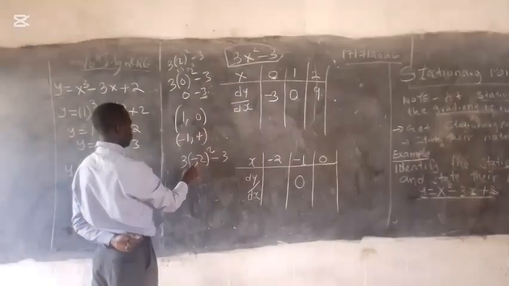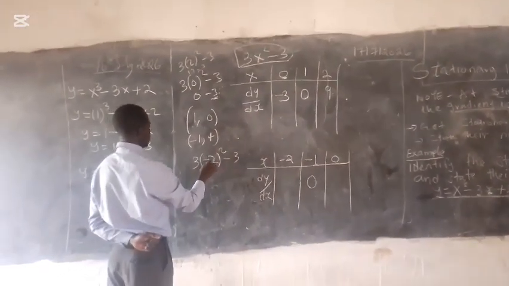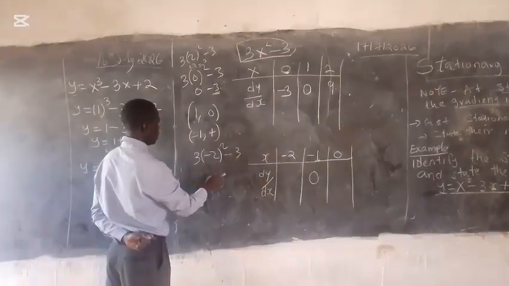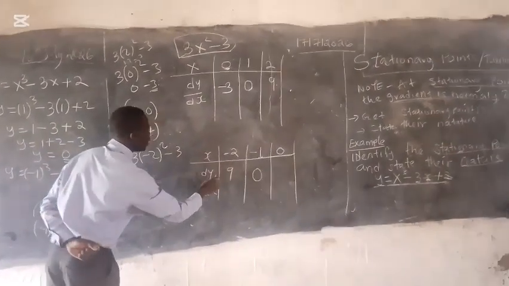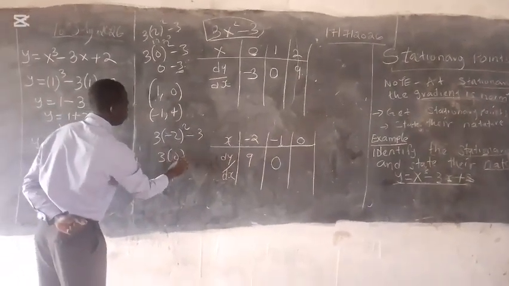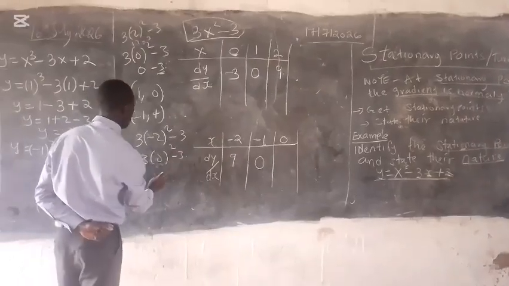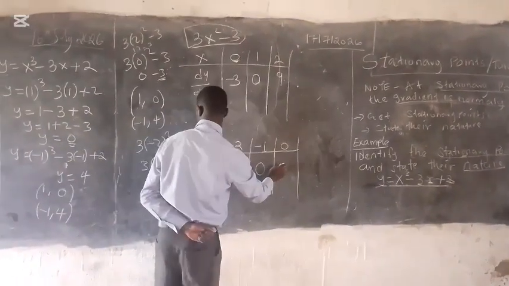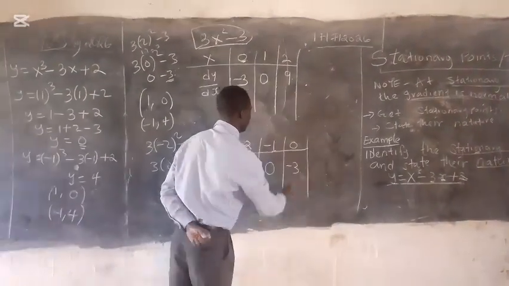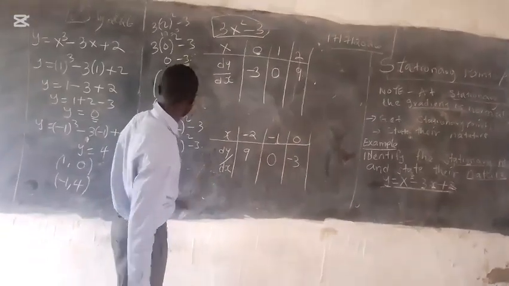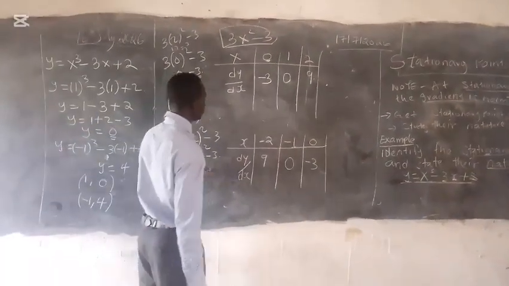Therefore, this one is 9. Then we have 3 into 0 squared minus 3, it will become negative 3.